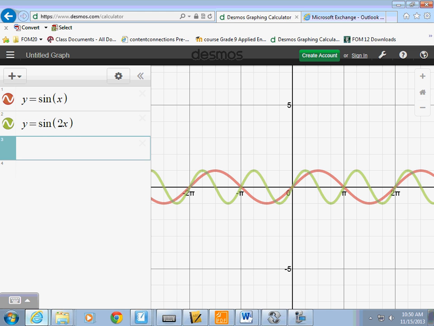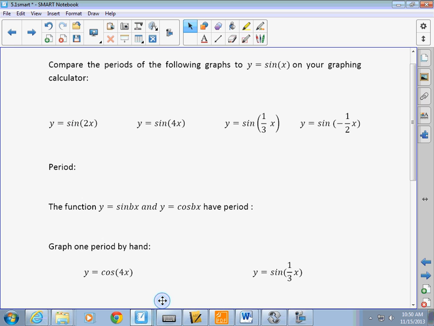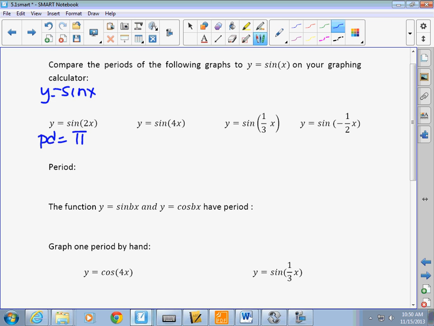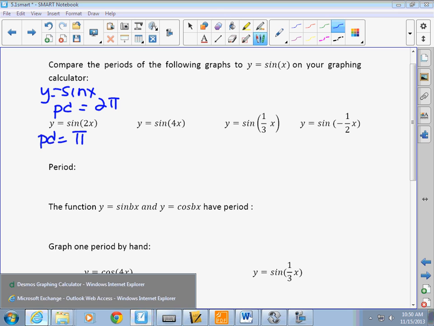So I have to go on my sheet. In this one, my period was equal to pi. At pi, it repeated. At y is equal to sine x, my period was equal to 2 pi. So what was it at y is equal to sine of 4x?